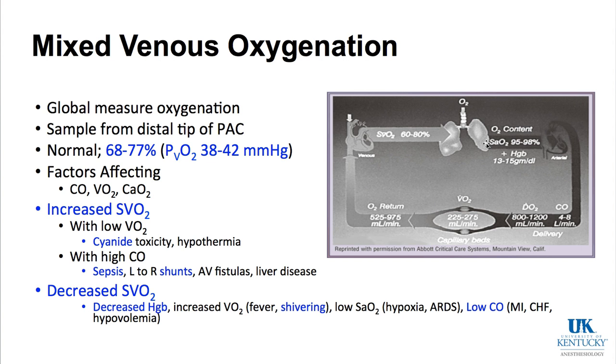If you had 200 mils of oxygen content and 5 liters going out to the tissues, cardiac output, that would be a total of approximately 1,000 mils per minute of delivery, or DO2. Now the tissues, if they were only using 250 mils a minute, or 1 MET approximately, obviously if you're delivering 1,000 and only using 250, there's a lot of oxygen left that comes back to the heart, and the saturation though is approximately 70%.